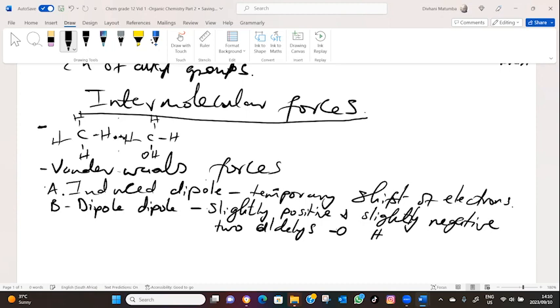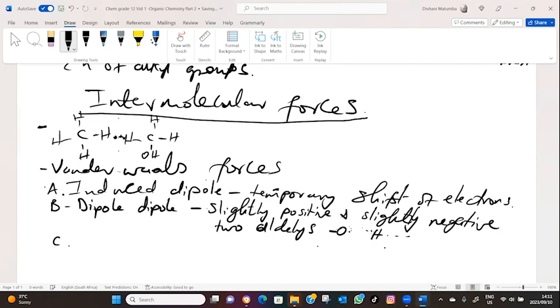So the hydrogen portion of the aldehyde, if you have two aldehyde molecules, the hydrogen side of your aldehyde will be attracted to the oxygen side of the other aldehyde. But take note, this is not the type of van der Waals force that I'm going to explain under C.